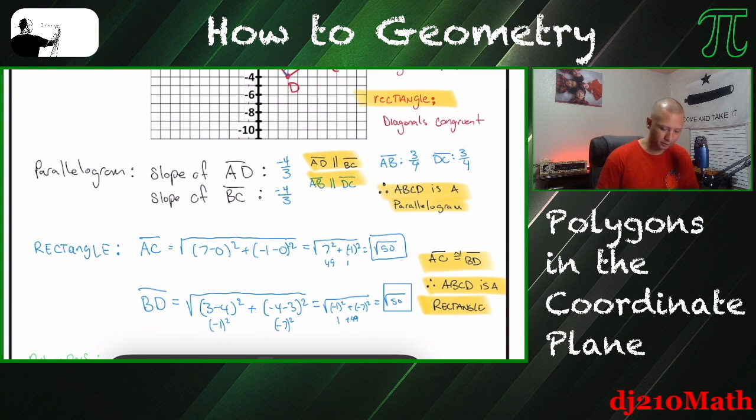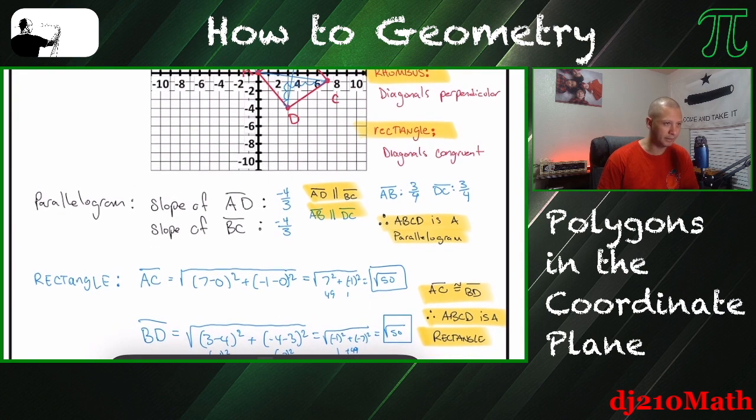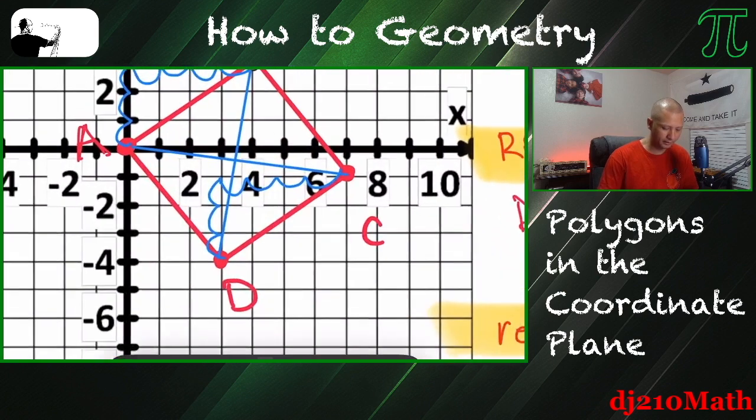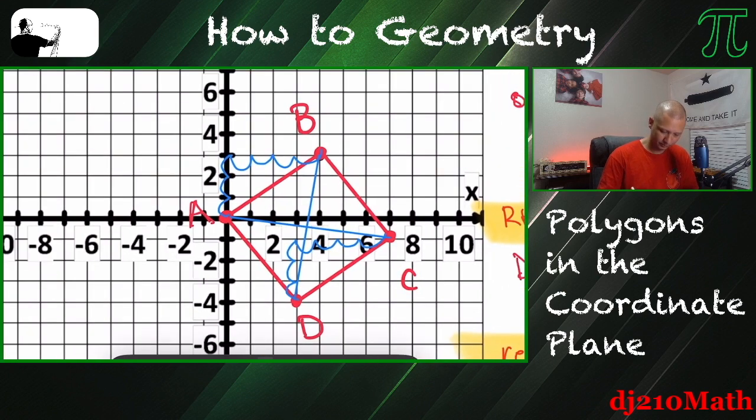All right, and the last thing we want to show is that it's a rhombus, that the diagonals are perpendicular and that they meet at a right angle.